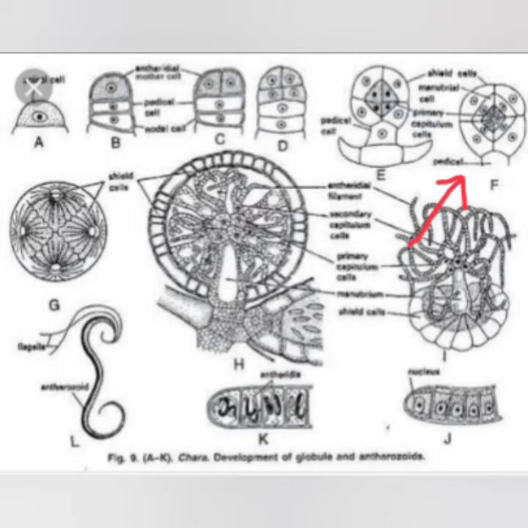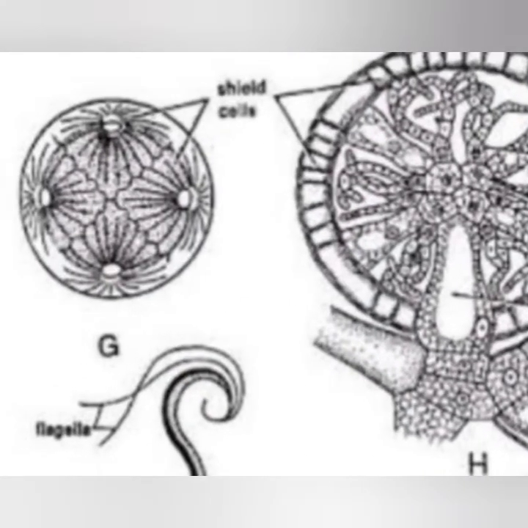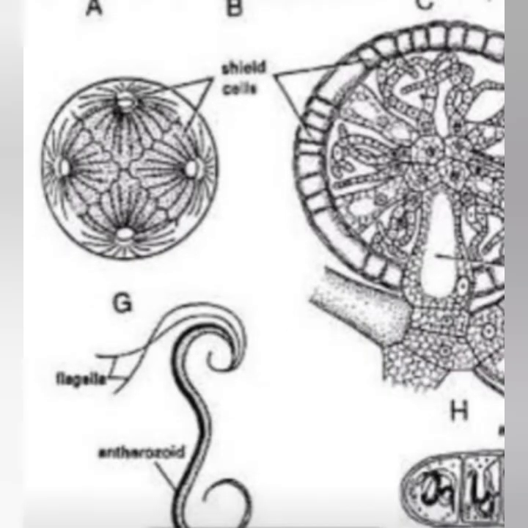You can see this in figure G here. Just take a look at figure G. Those eight cells, the outermost layer, because we have three layers, just remember, get transformed into shield cells. So we have eight shield cells. And what happened to the cells of the middle layer?